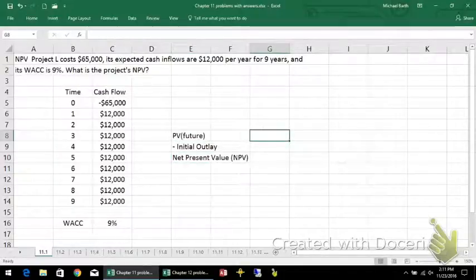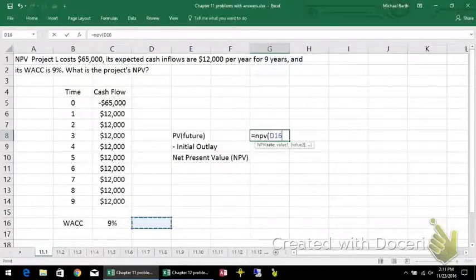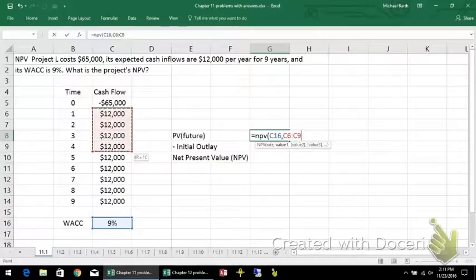All right, so for the present value of the cash flows that occur in the future, I can use the poorly named NPV function in Excel, which stands for uneven cash flows. The function is equals NPV, open parens, the discount rate you want to take the present value of the future cash flows at, and then all cash flows from time 1 forward.